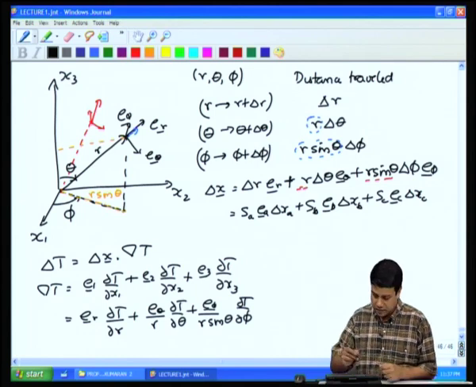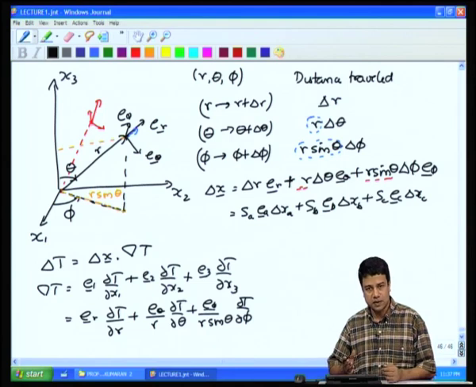So, in this case, S_A was equal to 1 because the prefactor in delta r is equal to 1, S_B is equal to just r, and S_C is equal to r sin theta.